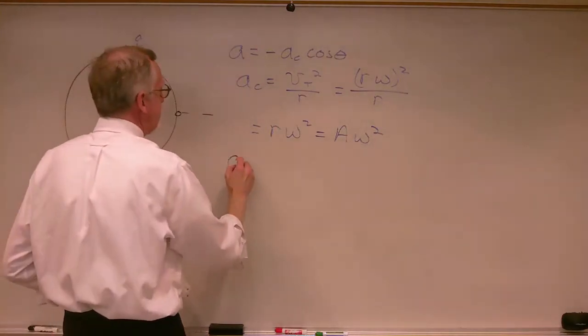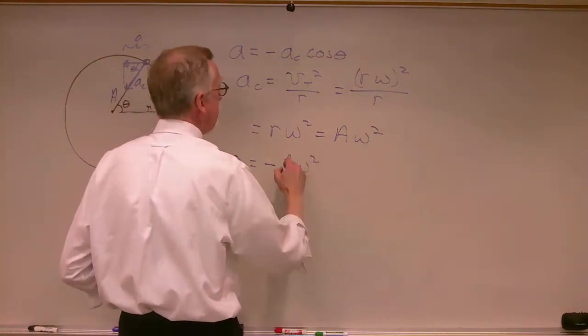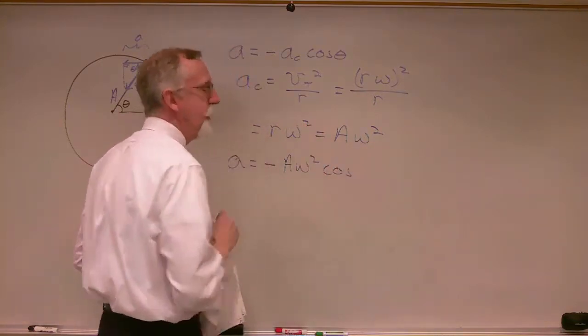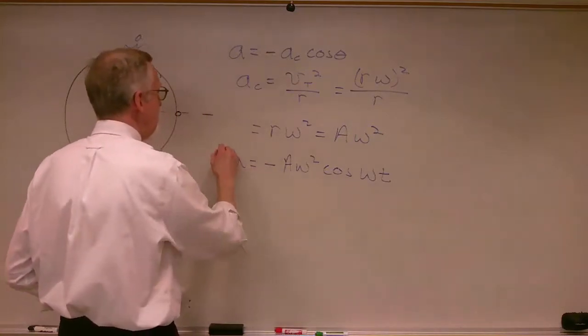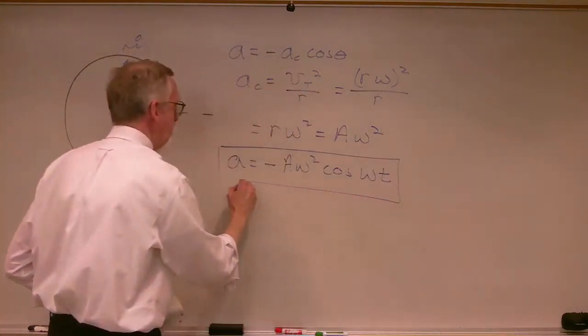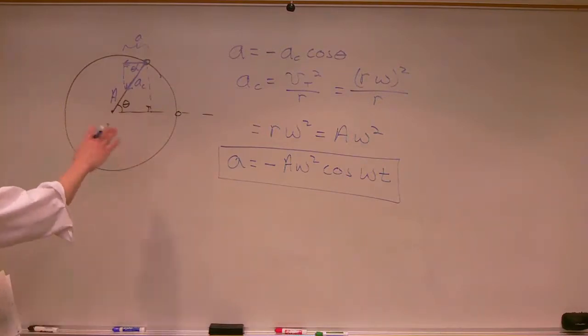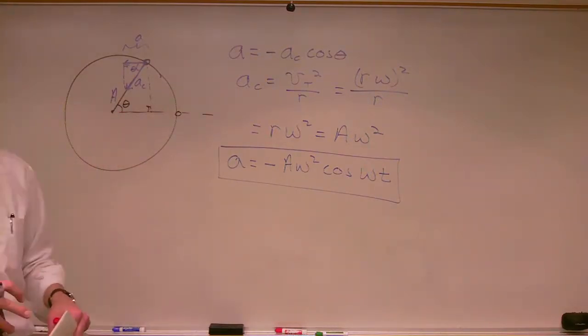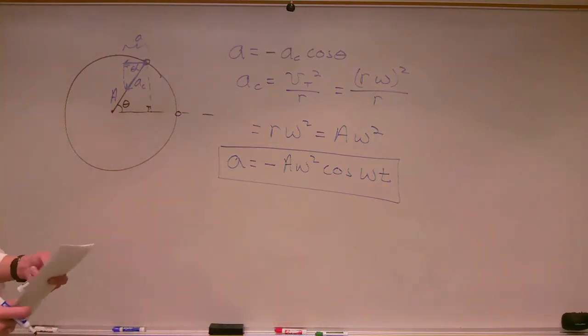So what do we have? The acceleration is minus a omega squared cos theta, and again, theta is omega t. And there we go. There is our acceleration as a function of time, the x component of the acceleration as a function of time, minus a omega squared cos omega t.